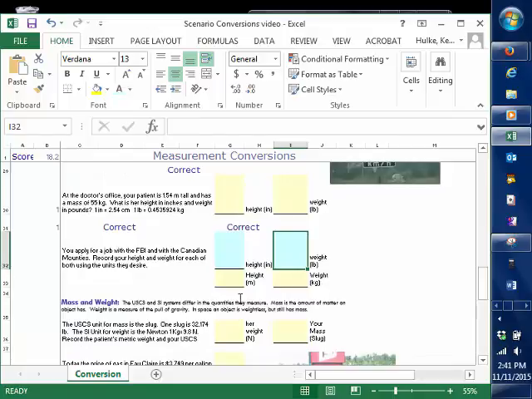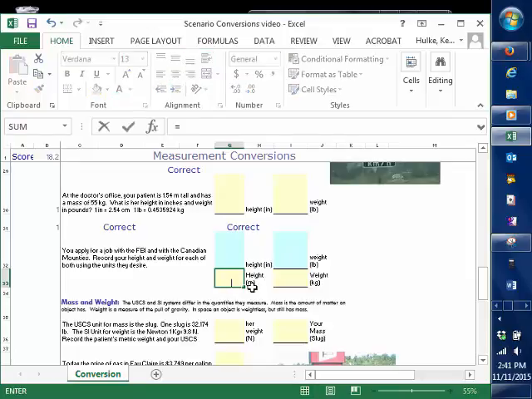You apply for a job with the FBI and with the Canadian Mounties. Record your height and weight for each of these using the units that they desire. Well, for me, I'm 72 inches tall and I weigh 188 pounds. So I would just do those two conversions. I'm going to do it in Excel this time rather than using the calculator.